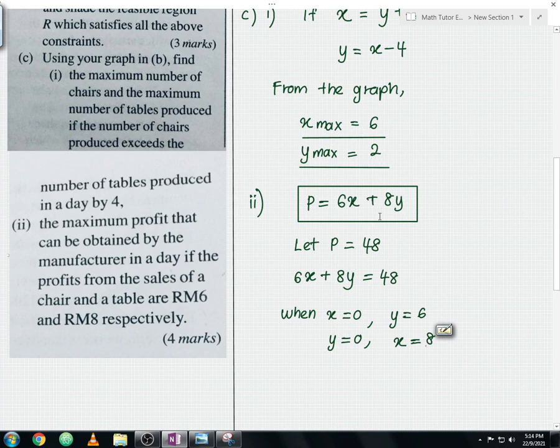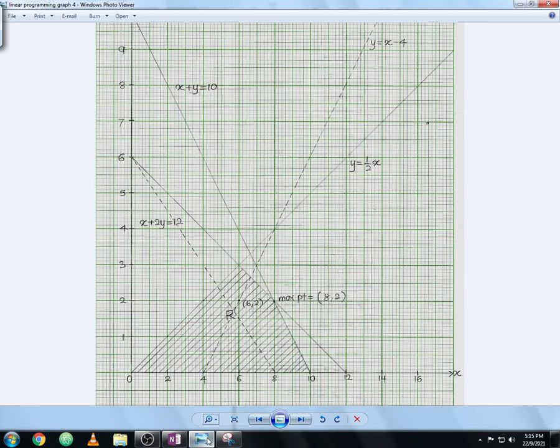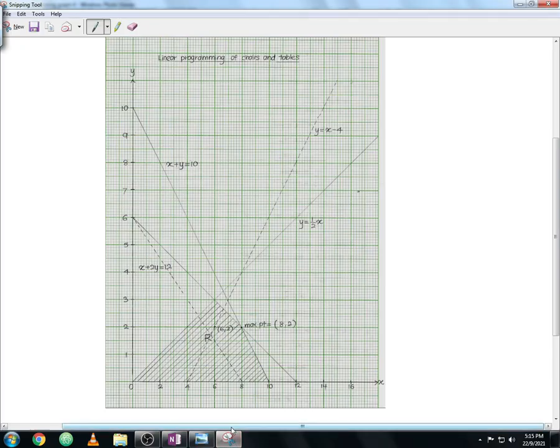So let me open the graph paper now. So as you can see here, this dotted line is the equation where 6x plus 8y is equal to 48. Okay, this dotted line. Okay, so let me open this second explanation.